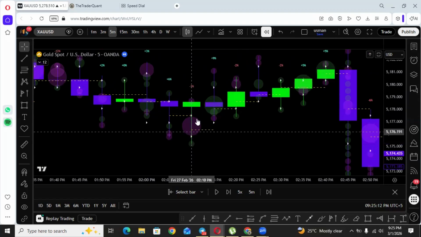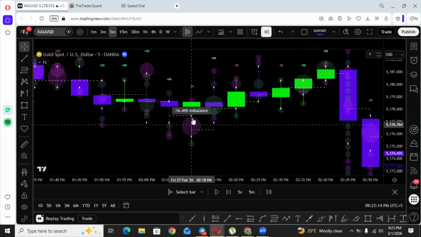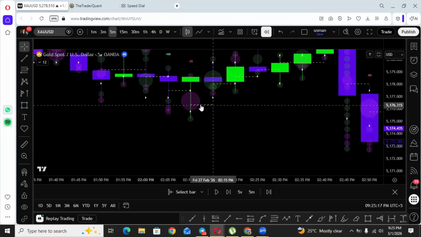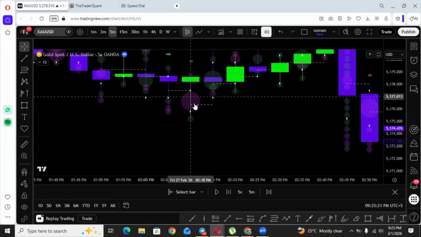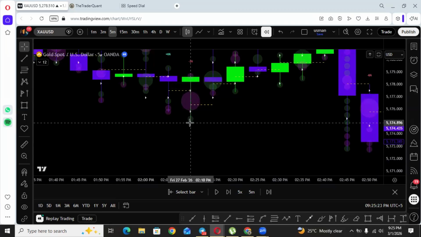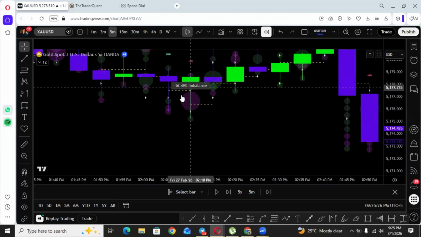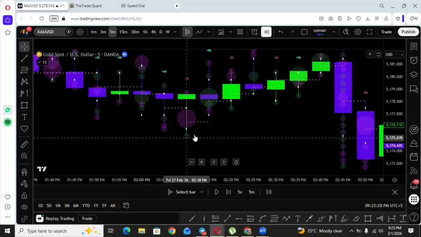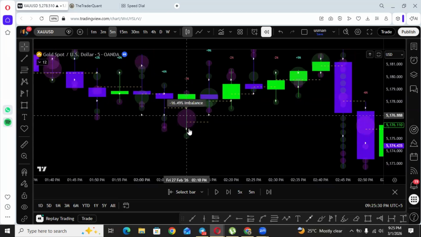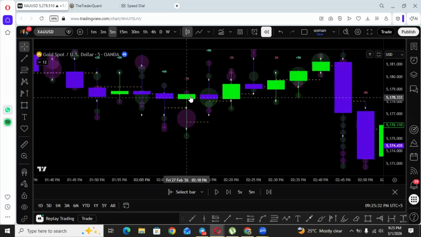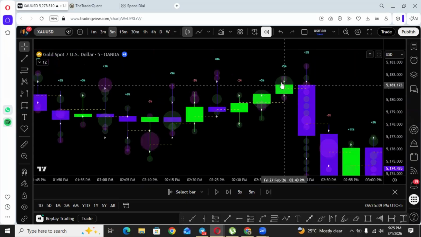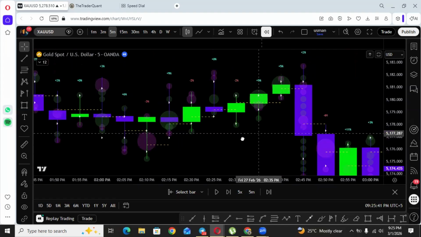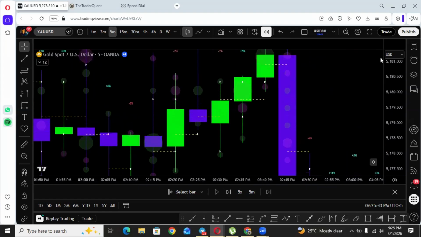A lot of selling happened at this point, but why did they fail to break this area, or fail to close the final price of the candle below this area? Because they were absorbed at this point and buyers were strong enough to take the prices from this area to this area, the final auction of the candle. And what happened as a result? Price moved up.